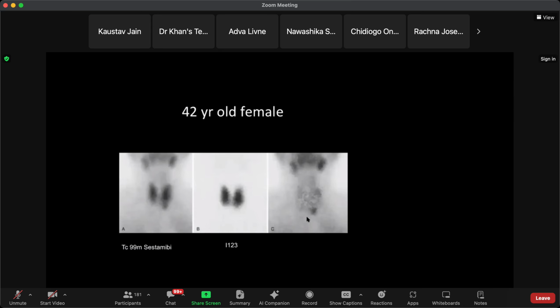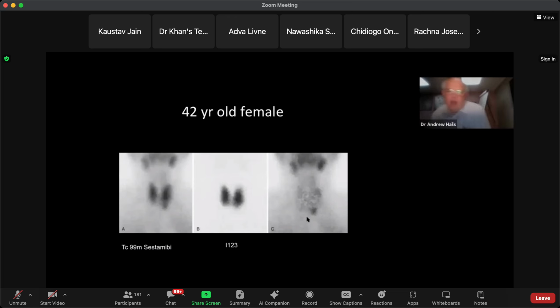I don't know the exact phases, but I think I can see that there is uptake of the radioisotope in the thyroid gland and the salivary glands, which I think is normal. But on what I think is the delayed image, image C, there's a small area of persistent uptake in the region of the left lower thyroid, which could be an abnormal parathyroid.